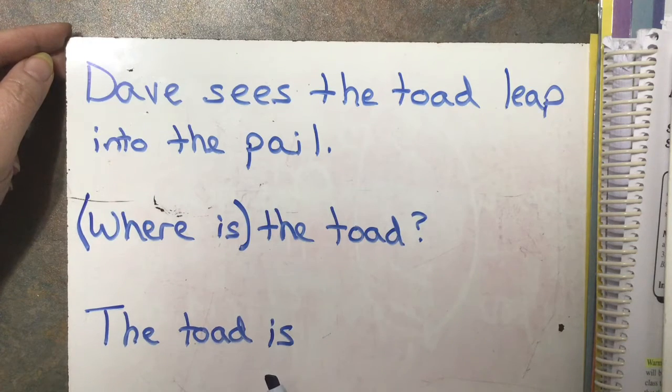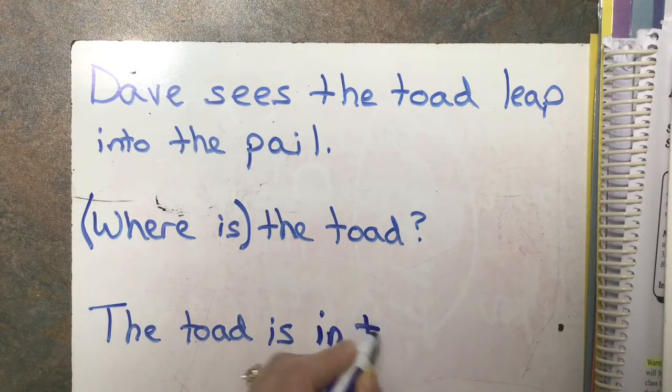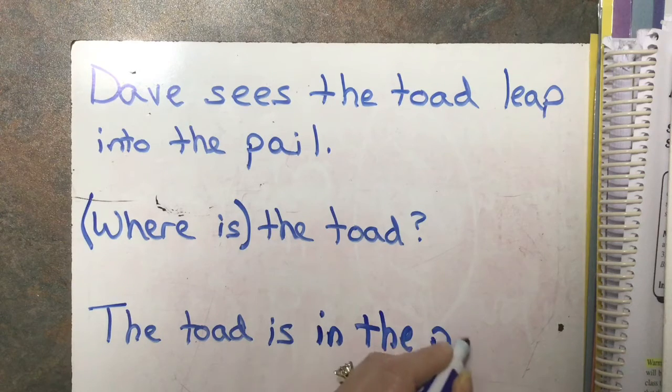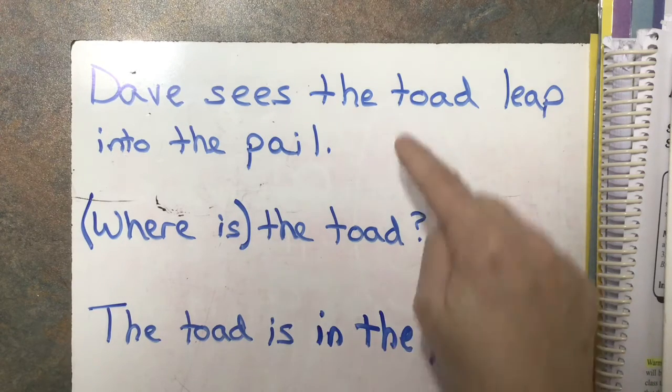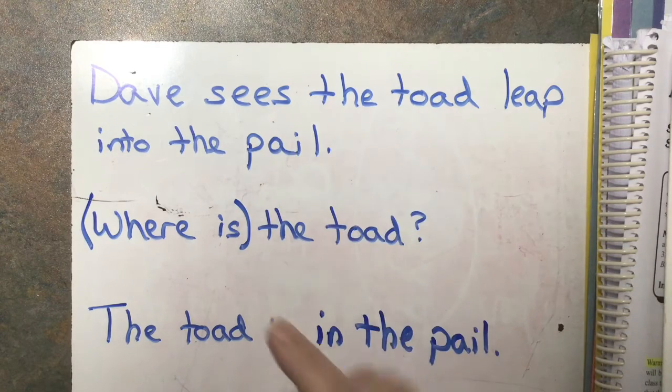The toad is in the pail. Okay? In the sentence, he was leaping into the pail. So where is the toad now? The toad is in the pail. And make sure that you finish your answer with a period. Okay? All right, let's take a look at a different type of example.